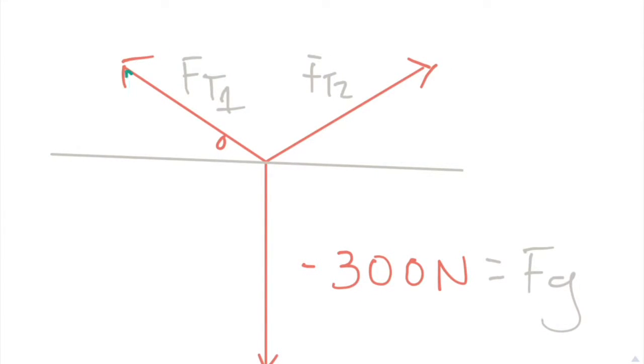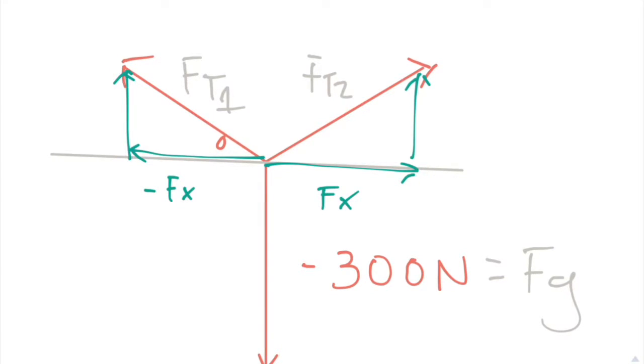Those are the vertical and the horizontal components, like so. Those components are what is helping keep the sign in equilibrium. These horizontal components, which we'll call negative Fx and positive Fx, are stopping the sign from accelerating in either the left or the right direction.